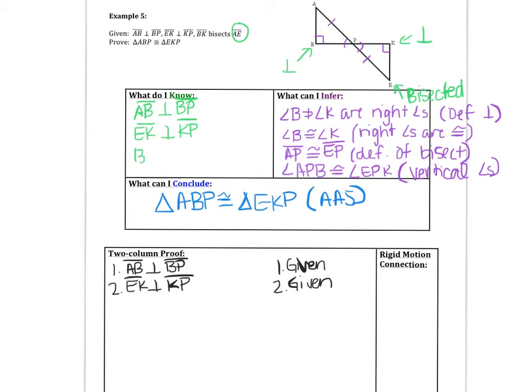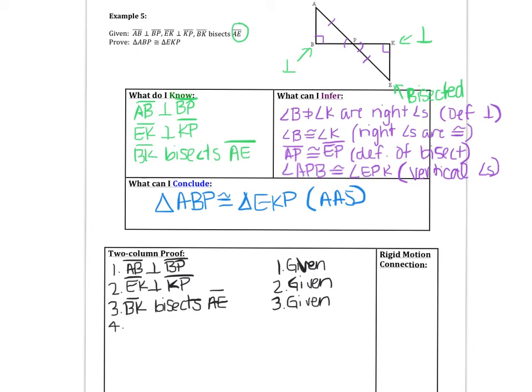I wrote it over on the drawing. BK bisects AE, also given. I think I'm going to run out of room.